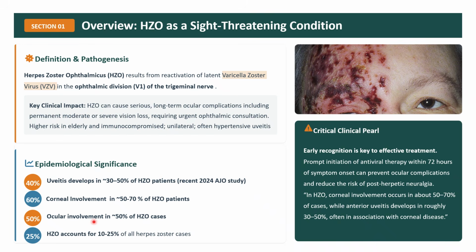As I said, not each and every case of herpes zoster ophthalmicus means that there is ocular involvement. There might be just skin and lid involvement only, but no intraocular inflammation. 50% will present with uveitis, 50% will present with corneal involvement, 50% will have ocular involvement. Okay, so keep this in your mind as far as herpes zoster ophthalmicus.